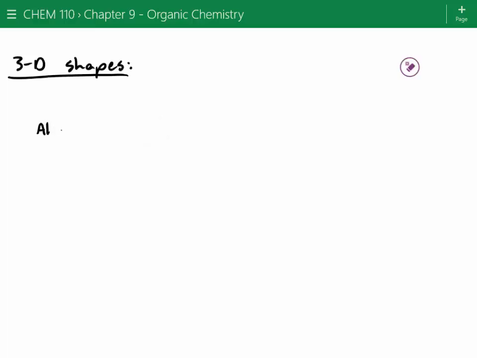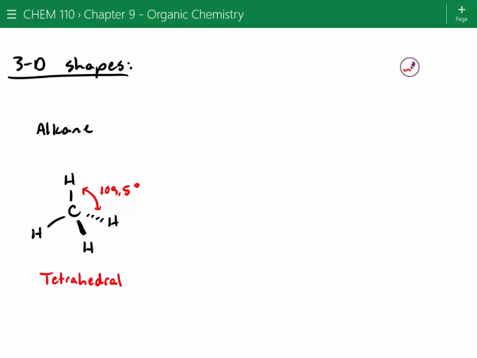So if we've got an alkane, we said that generally they have angles of 109.5 and that they are tetrahedral. So this is review from our VSEPR theory. And then we can have an alkene.